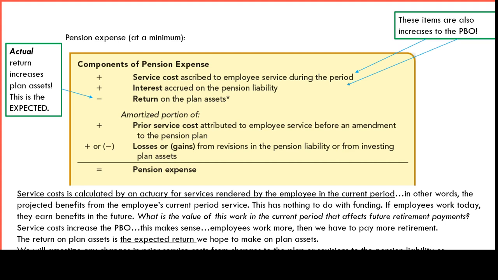The concern you need to have here is to understand that when we do our corridor method, you may be putting more into pension expense. It may show up in pension expense as a debit. It may show up in pension expense as a credit. But the other adjustment, which I really want you to be concerned with here, other than those top three, is the fact that we may also be putting items in pension expense because we are managing that OCI.